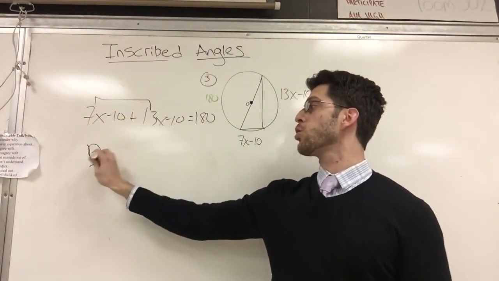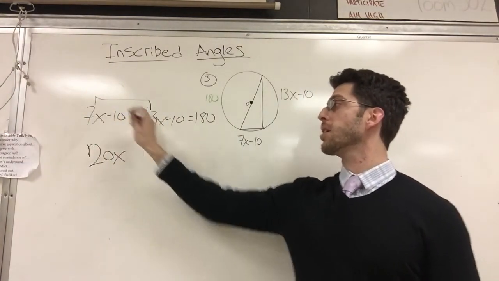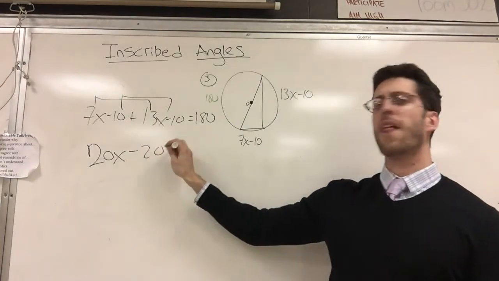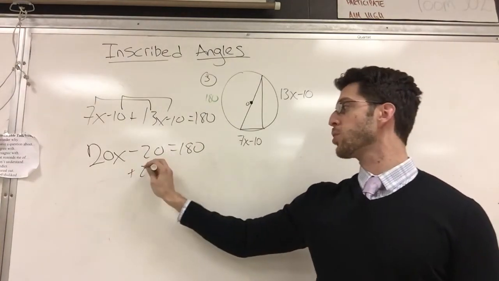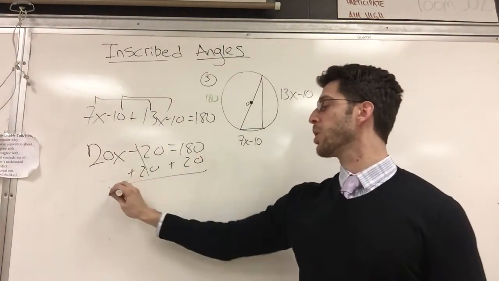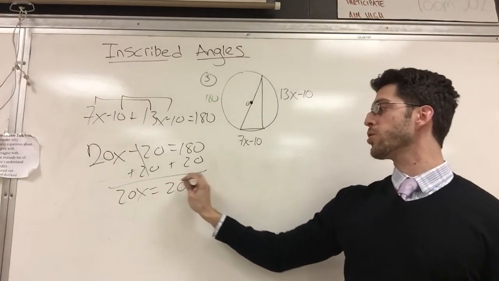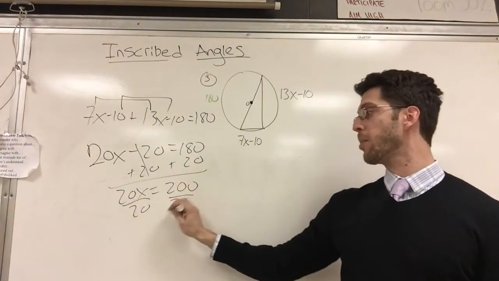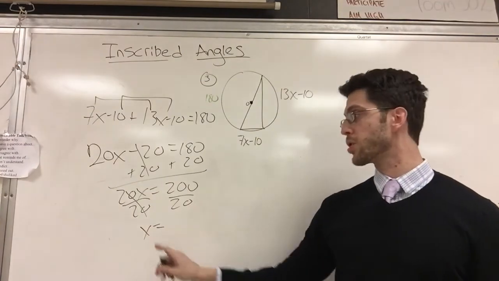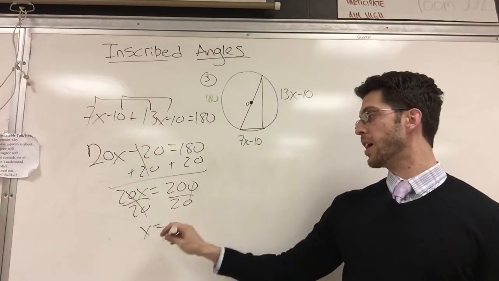This is going to give me 20x minus 20 equals 180. Add 20 to both sides. 20x equals 200. Divide by 20, divide by 20. Another easy division question, and x equals 10.